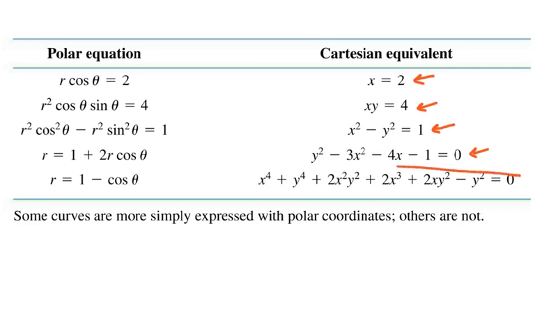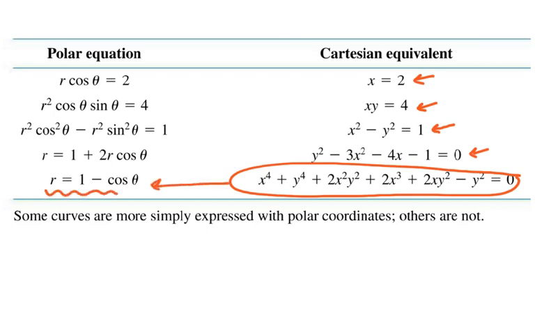And as you start to look down here, I'm not exactly sure what the shape of that Cartesian equivalent is, but you'll notice the polar equation is r equals 1 minus cosine theta. That looks like a cardioid to me. It's presented much more simply in polar notation than it is in the x, y Cartesian notation.